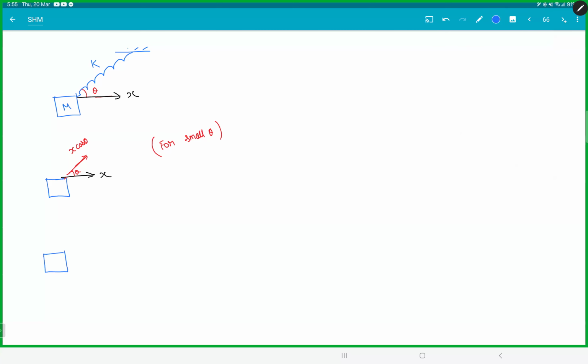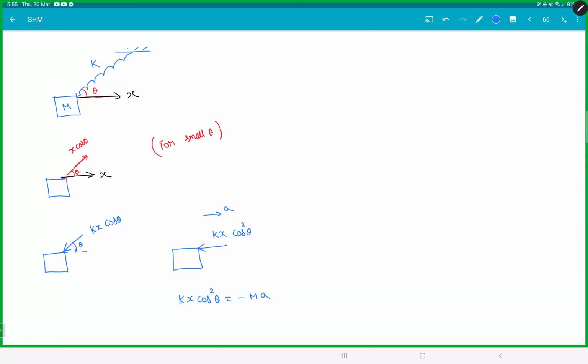So if you look at the forces, this force will be kx cos theta. This is theta, so the horizontal force will be kx cos theta into cos theta. So kx cos square theta is equal to minus m into a.